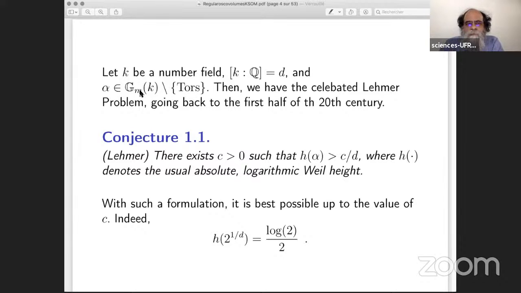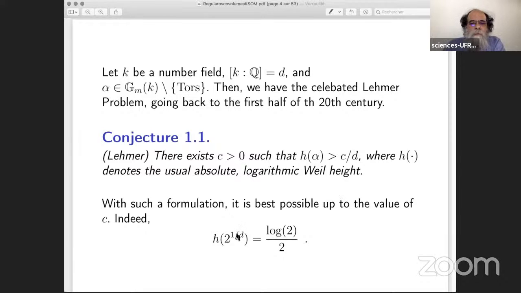That is just any non-zero algebraic number in K. And the Lehmer problem can be stated as follows: the Weil height is at least some constant divided by the degree, and the height is just the usual Weil height. It is, in fact, best possible, provided that you frame it in this way, just using the degree of the field generated.